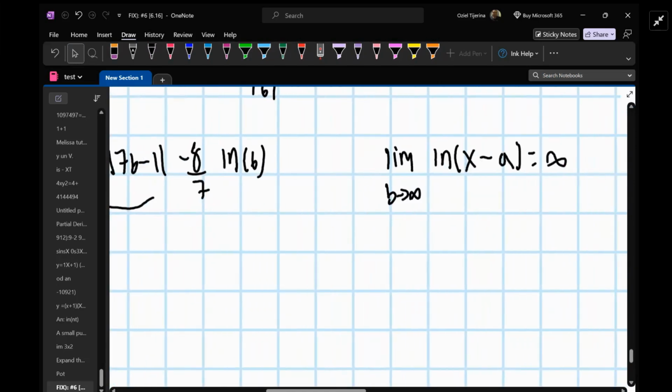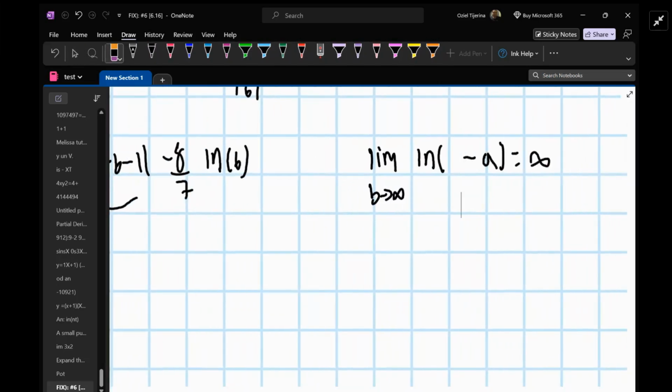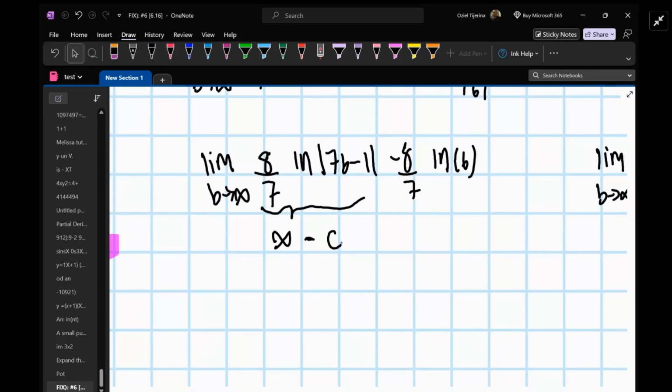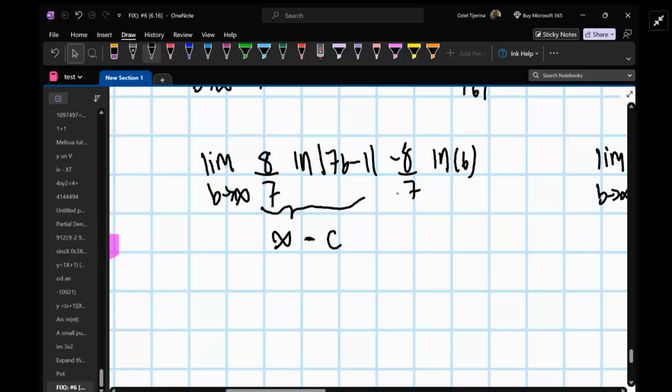It really doesn't matter. If you subtract a constant, it's still going to be infinity. And then minus 8 over 7 natural log of 6 is just minus a constant. And so the limit is infinity.